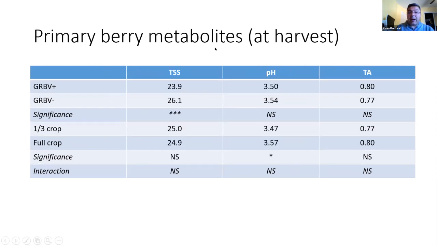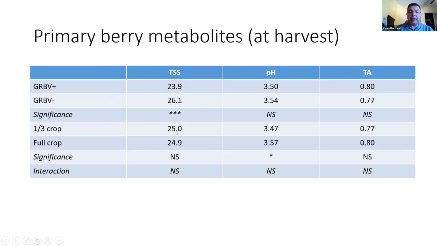When we look at the primary metabolites at harvest on the same day, of course, virus status has a huge impact on our total soluble solids accumulation. Again, we see the 4 degrees Brix or total soluble solids difference.